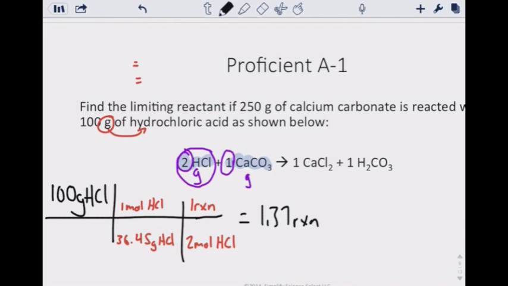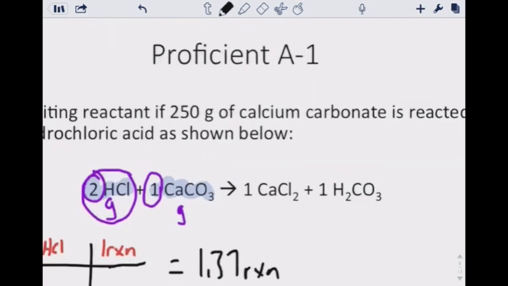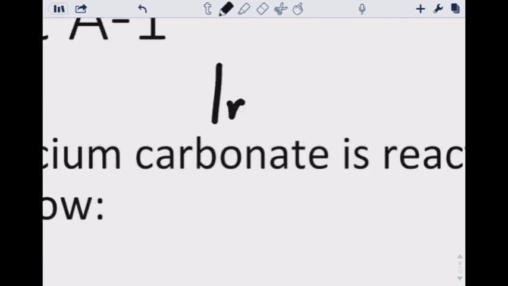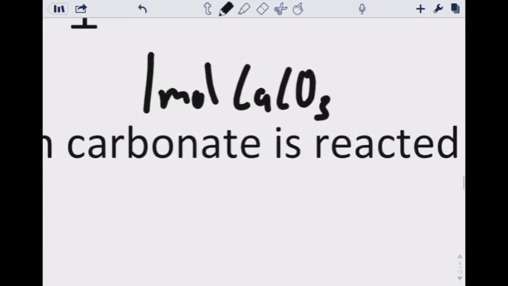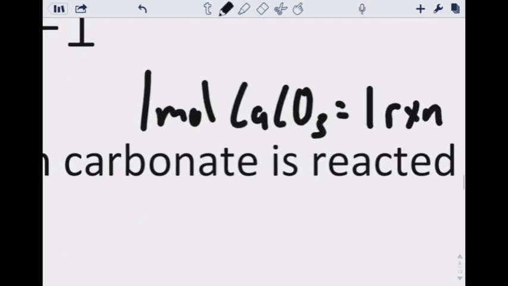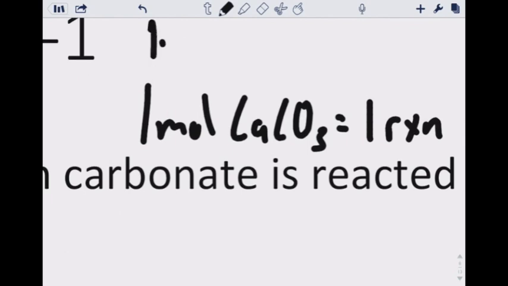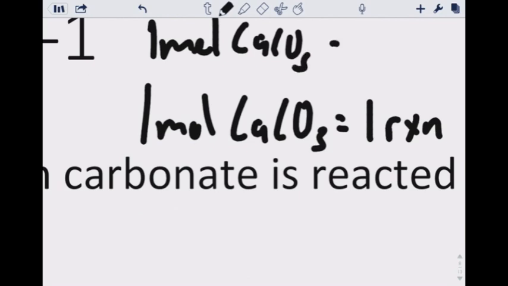Now we have to do the exact same thing for calcium carbonate. So when we look at this, in one reaction you have 1 mole. So we write 1 mole of CaCO3 in one reaction. And then we also need the molar mass of it. The molar mass of calcium carbonate, 1 mole of CaCO3, when we add all of those up, is going to give us right around 100 grams of CaCO3.